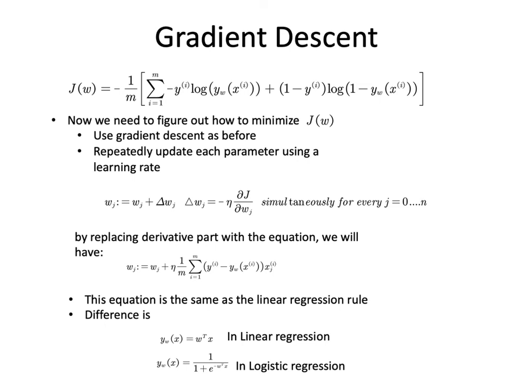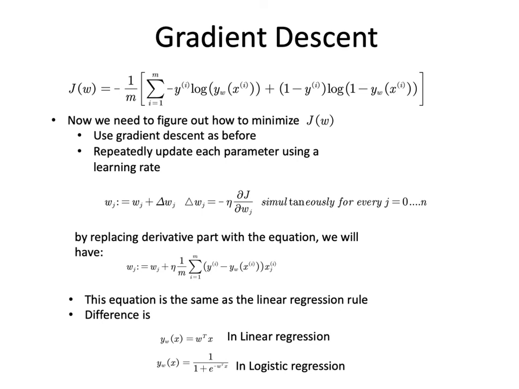And as before, we will use gradient descent. Here what we do is we repeatedly update the parameter using a learning rate. We start with some initial point of the parameter w, and we iterate till convergence. In each iteration we compute the gradient of our loss function, that is the partial derivative of the loss function with respect to the weight, and we update the weights to get the new value of weight.